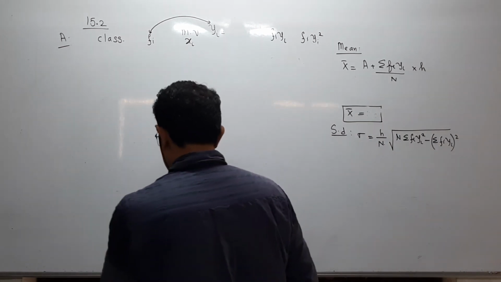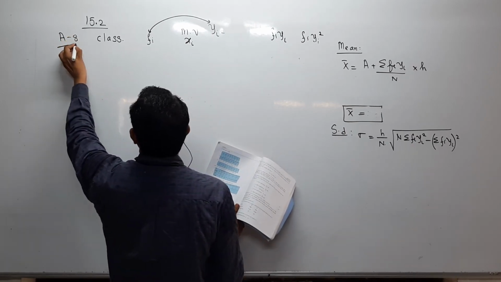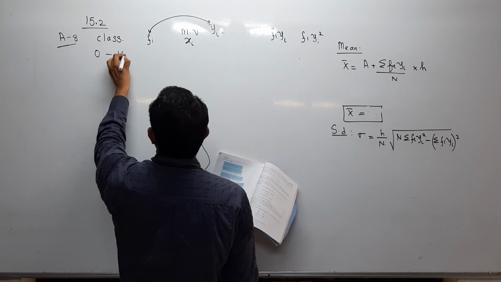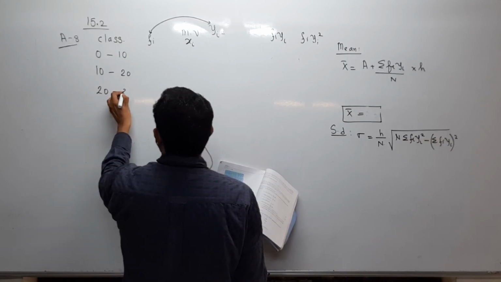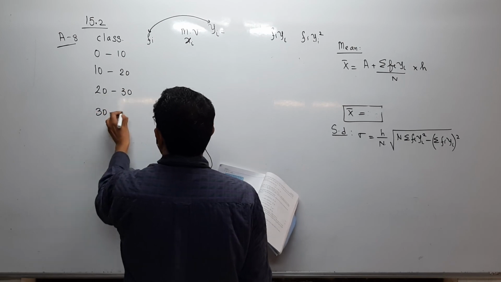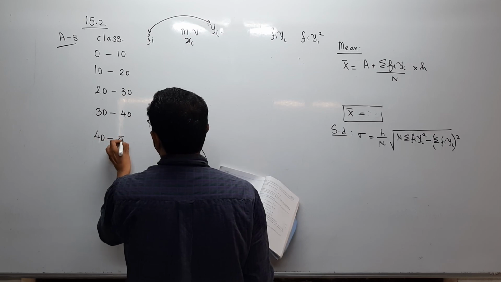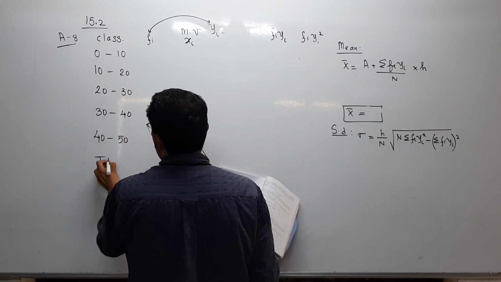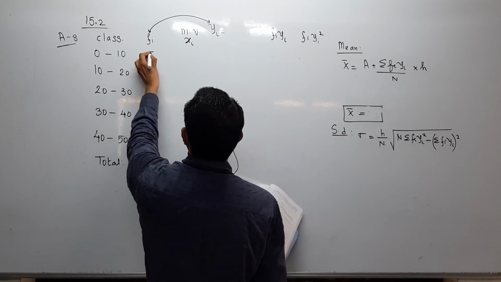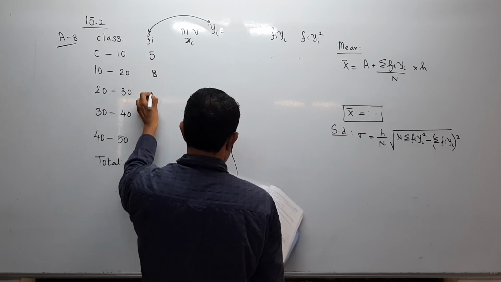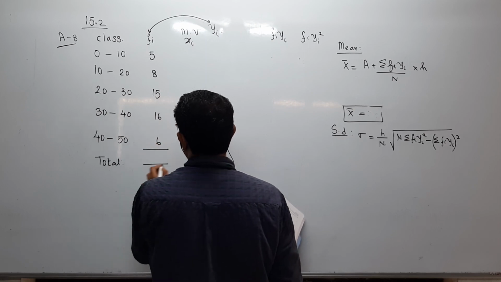So the classes are 0 to 10, 10 to 20, 20 to 30, 30 to 40, and the last class given here is 40 to 50. Frequencies are 5, 8, 15, 16 and 6.